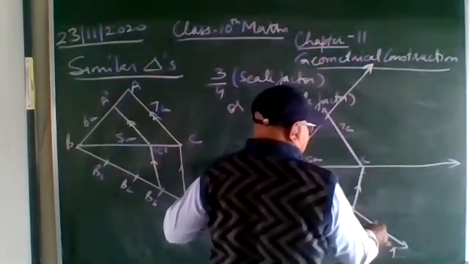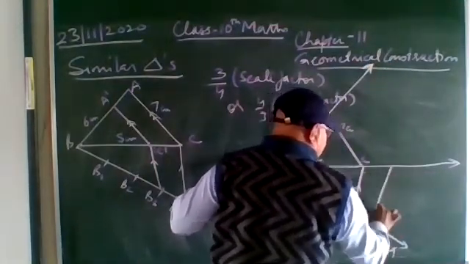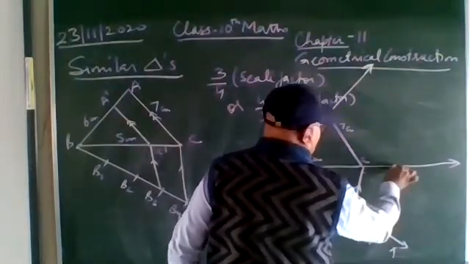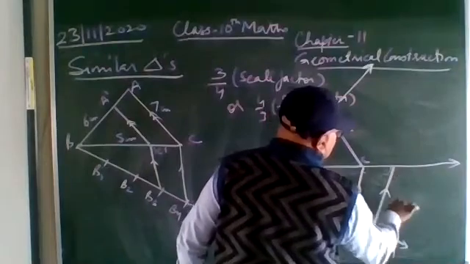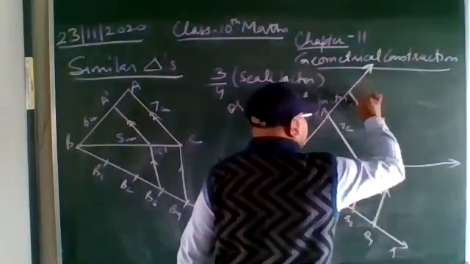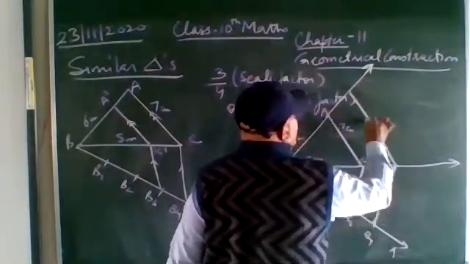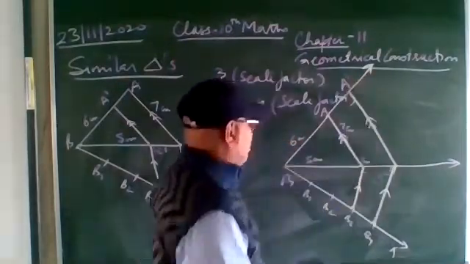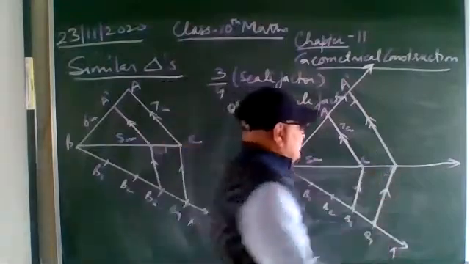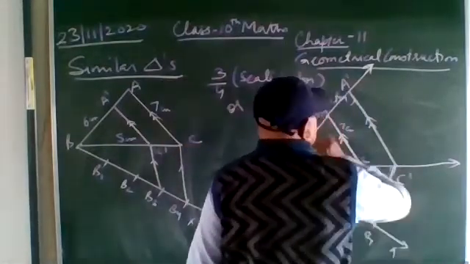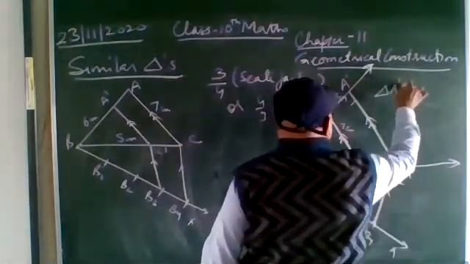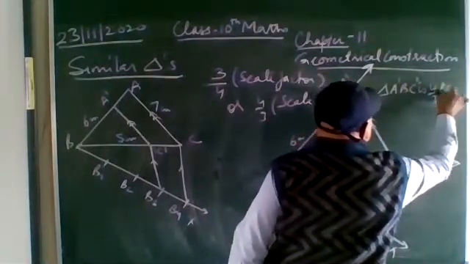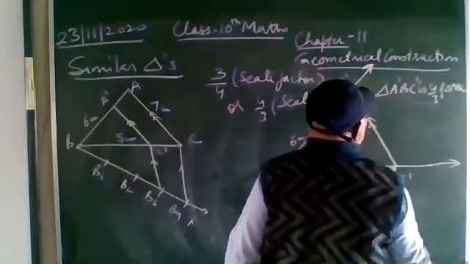On B3 you have B4 as the last point, and you have to draw the parallel line. This will be A dash and this will be C dash. So triangle A dash B C dash is 4/3 of triangle ABC.